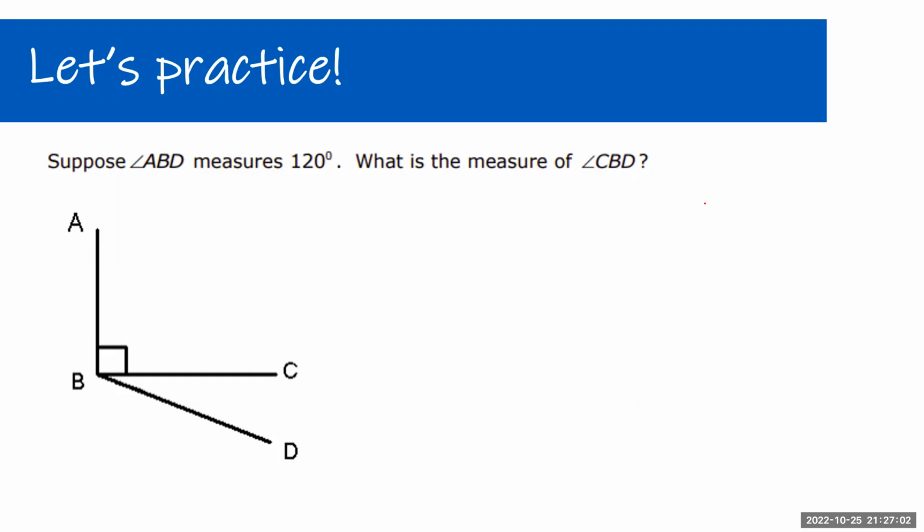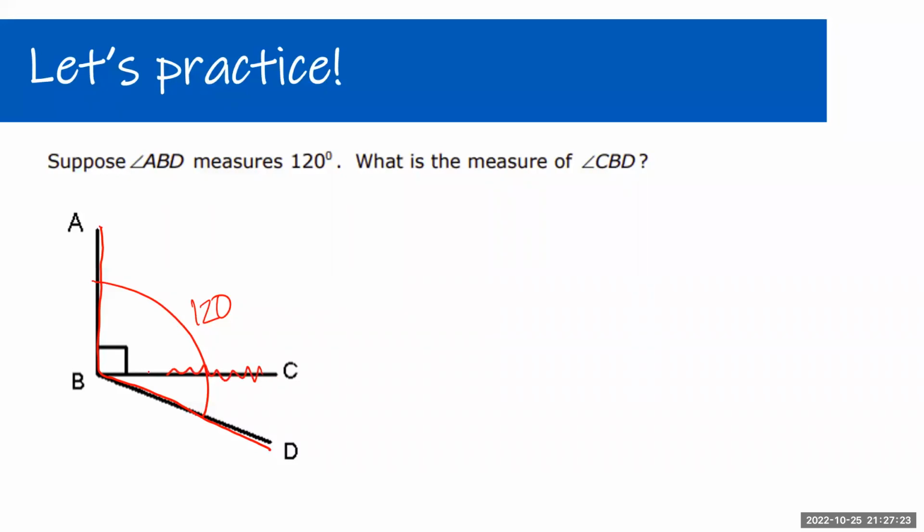Okay. Suppose angle ABD measures 120 degrees. What is the measure of angle CBD? Well, this tells us the angle ABD, this whole thing, is 120 degrees. And we want to know CBD, okay?